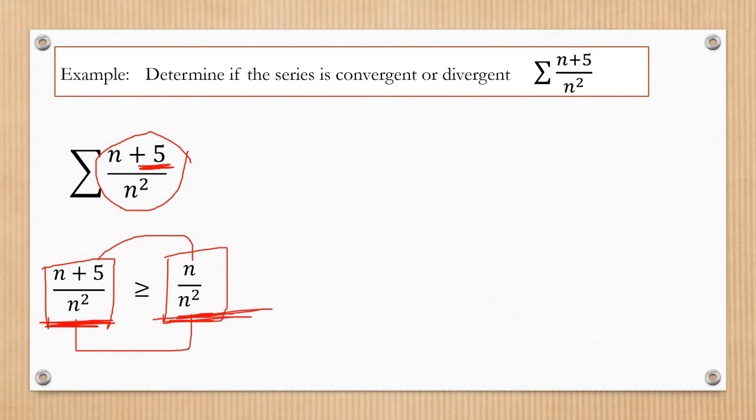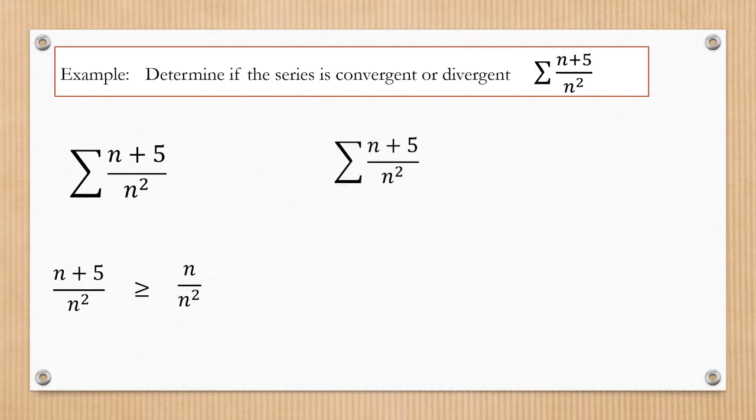Okay? Now, that is also equivalent to the series of n plus 5 over n squared is greater than or equal to the series of 1 over n.